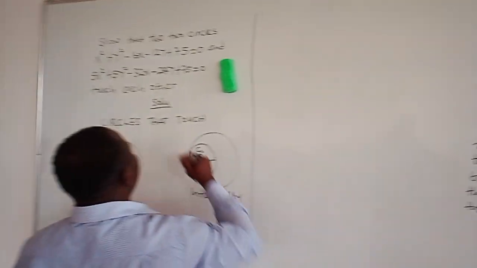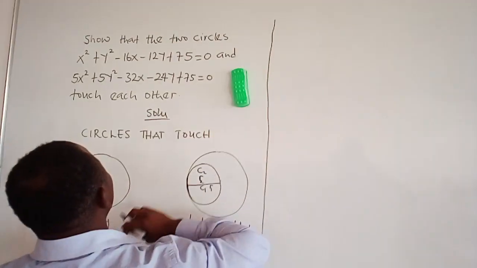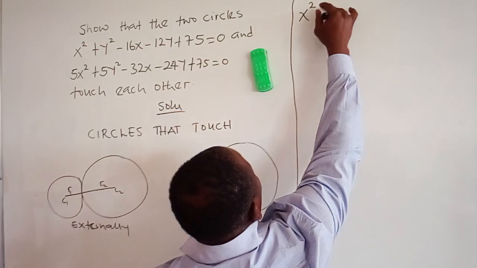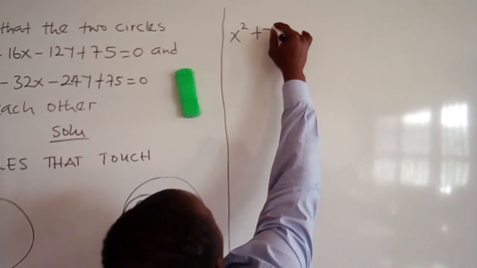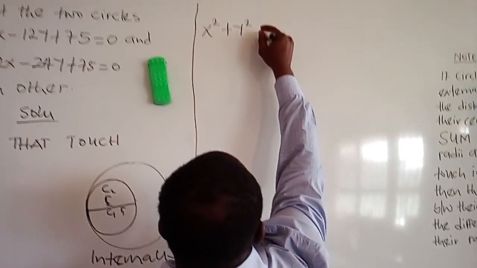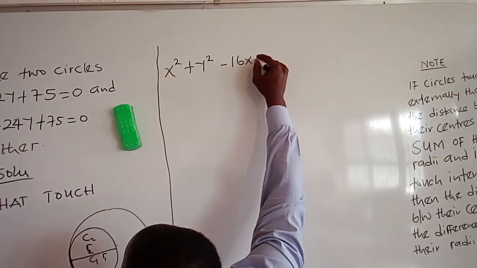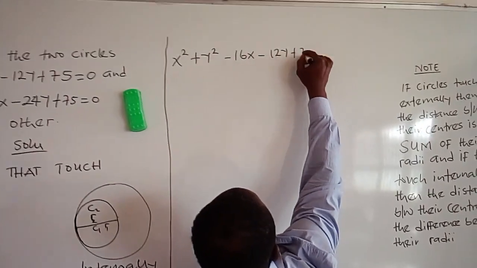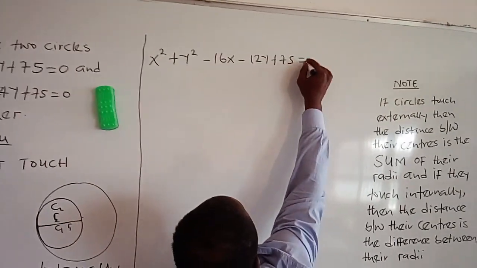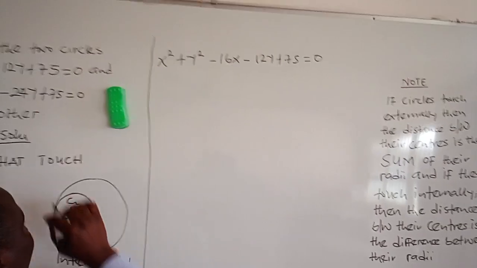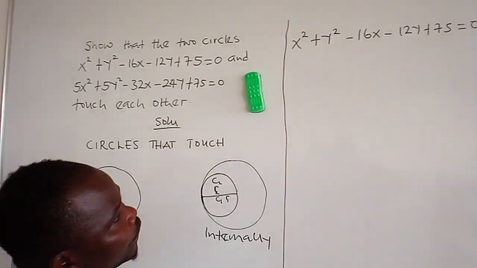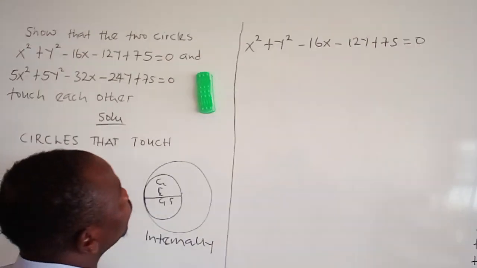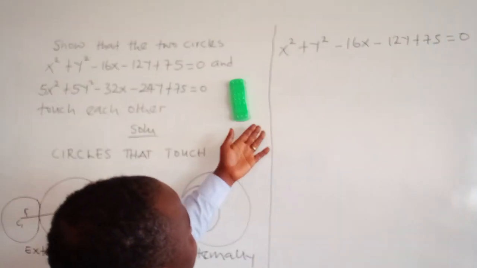Okay, the first circle is in this form: x squared plus y squared minus 16x minus 12y plus 75 equals 0. Okay. So if you agree with me, we need to find the radius.